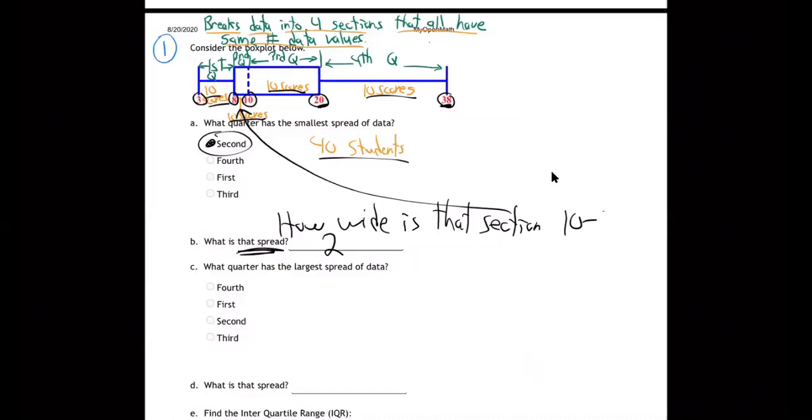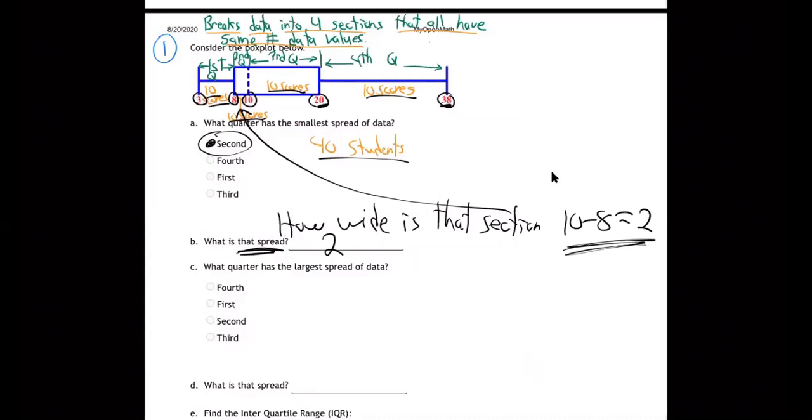We just go 10 minus 8 is 2. Just subtract them. I know you might think, well, 8, 9, 10, I know what you mean, but they just want the width there. They just want how far from one edge to the other edge, how far from 8 to 10. We're not actually counting different score possibilities. We're just counting how wide. So that's just 10 minus 8 equals 2.